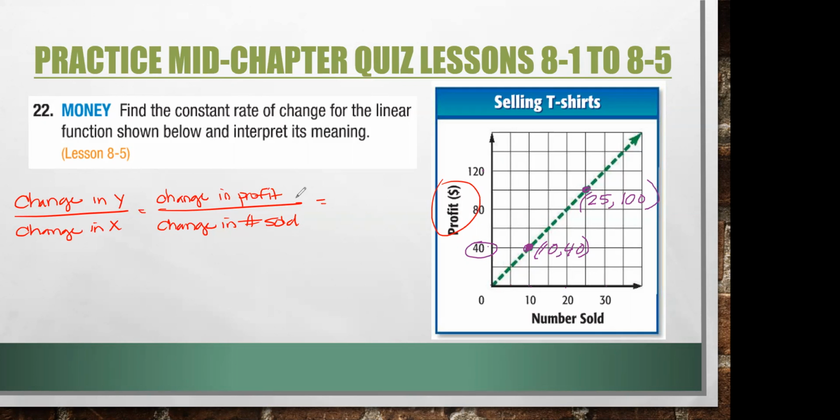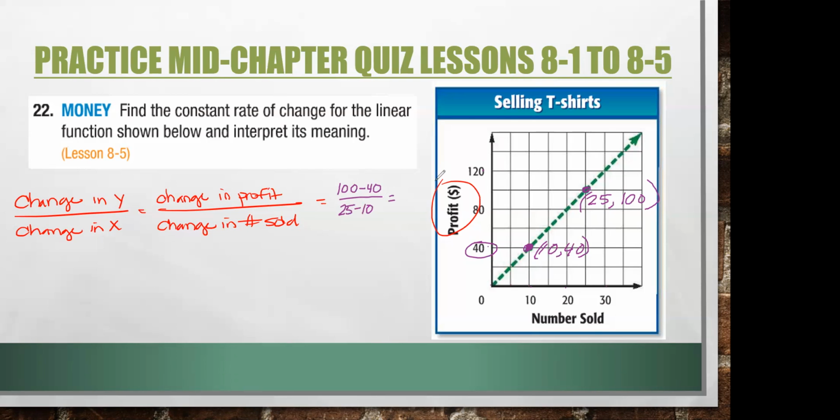For my change in profit, I went from 40 to 100, so I need a difference: 100 minus 40, and then from 10 to 25, the difference between 25 and 10.